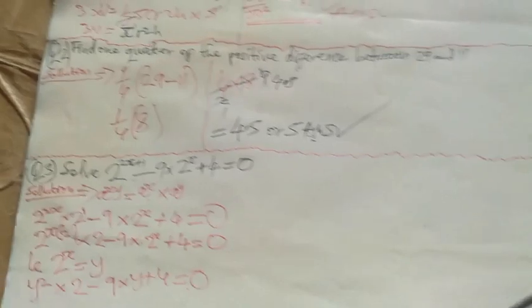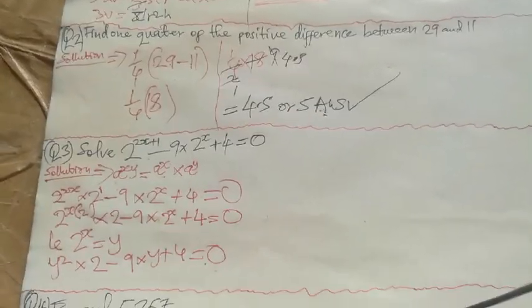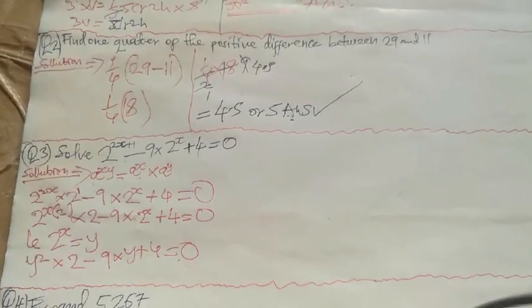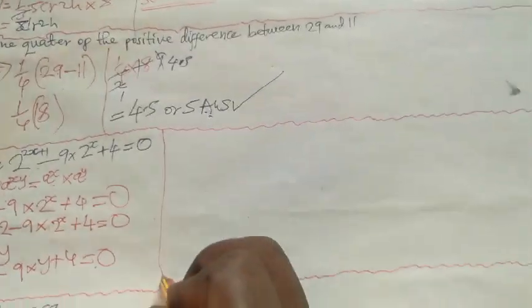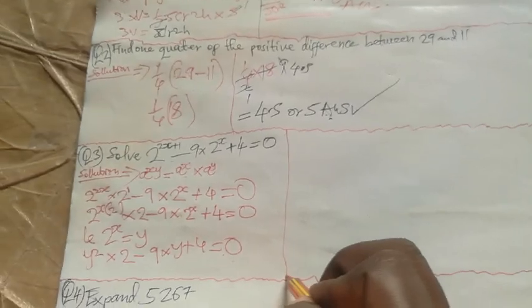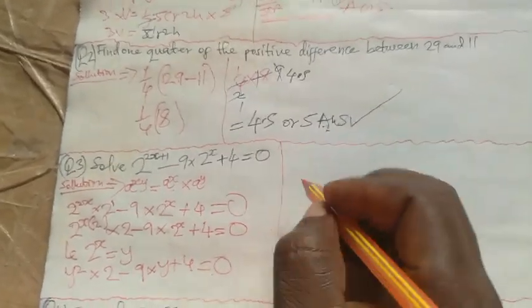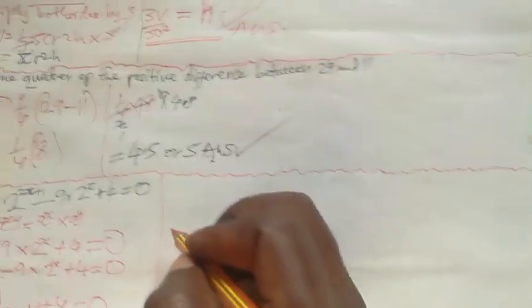Up to that point, we have formed a quadratic equation. Hence, because we have formed a quadratic equation, we are going to do it like this.